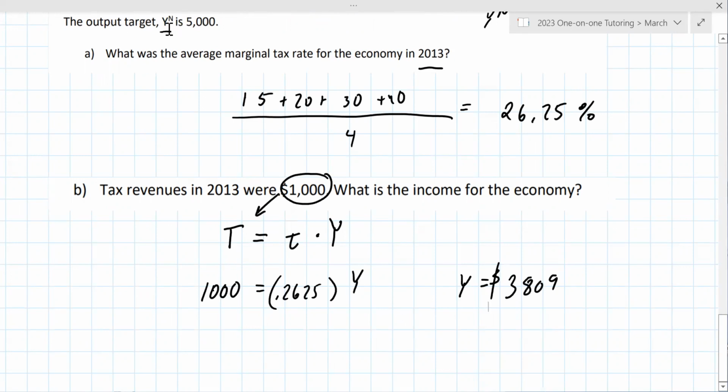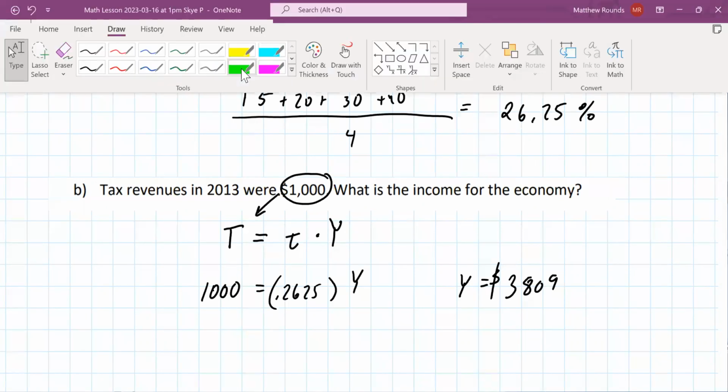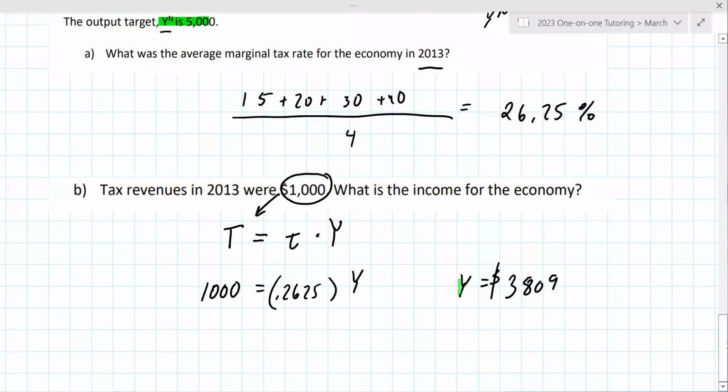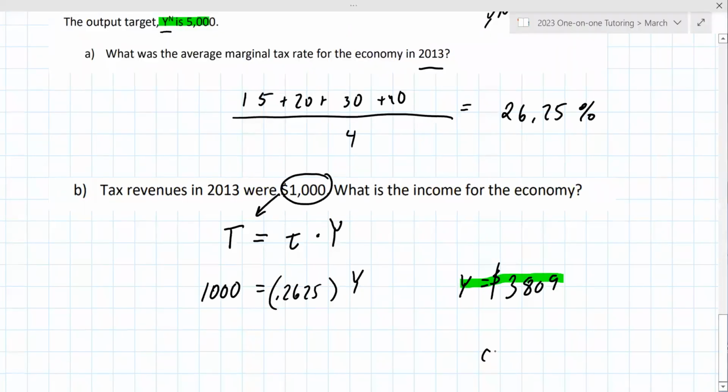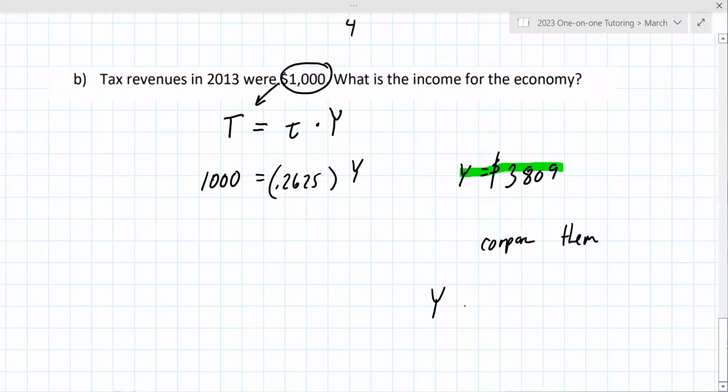Now the target output YN is 5,000. So there's an aside here where you're supposed to compare those two values. Because the actual output is less, supposedly that means it's a recession, according to this problem.